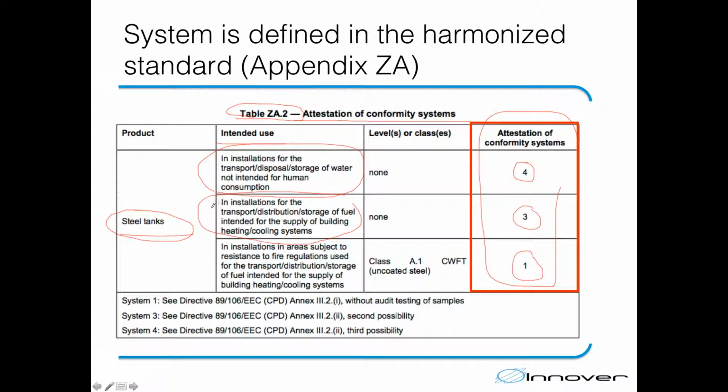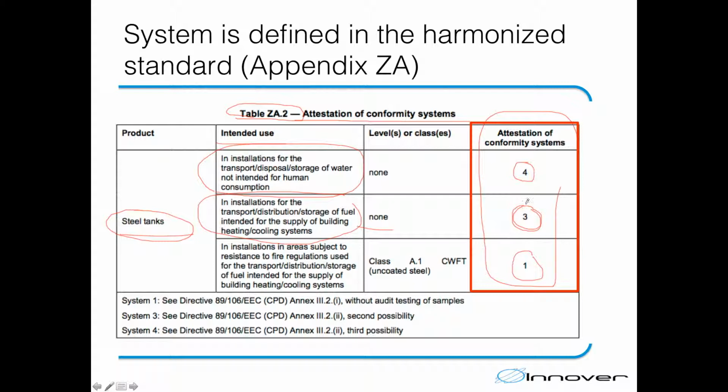And then if the intended use of the steel tank is transportation, distribution, storage of fuel intended for the supply of building, heating and cooling systems. So if we are actually storing something else besides water there, then it would be system 3, and it would mean that you would have to employ the services of a laboratory to determine some of the characteristics of the steel tank.